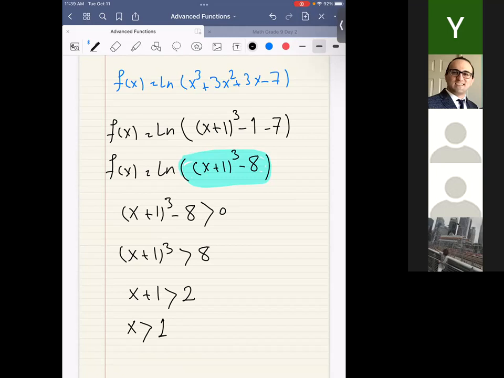So we can say that the domain of f is the interval from 1 to infinity, all the numbers that are bigger than 1. Any question?